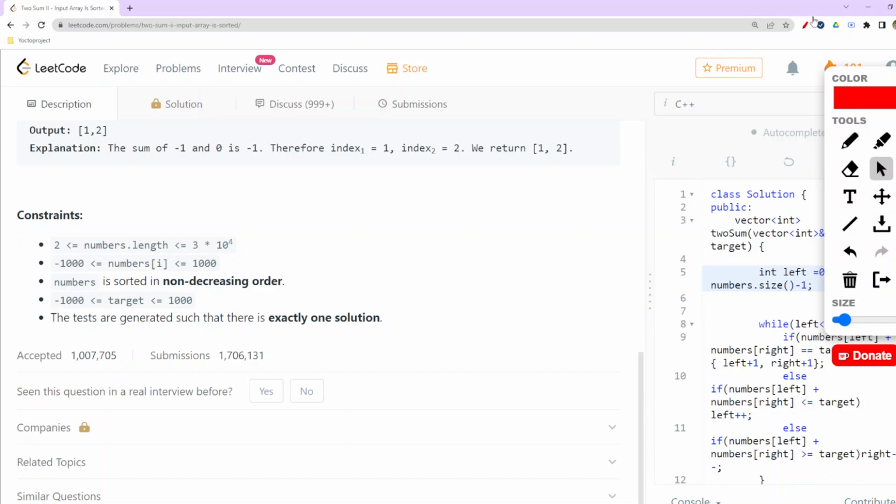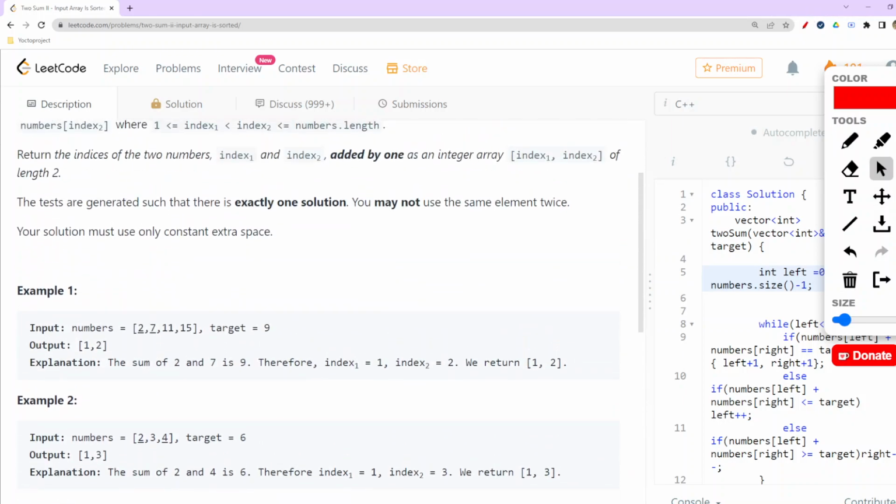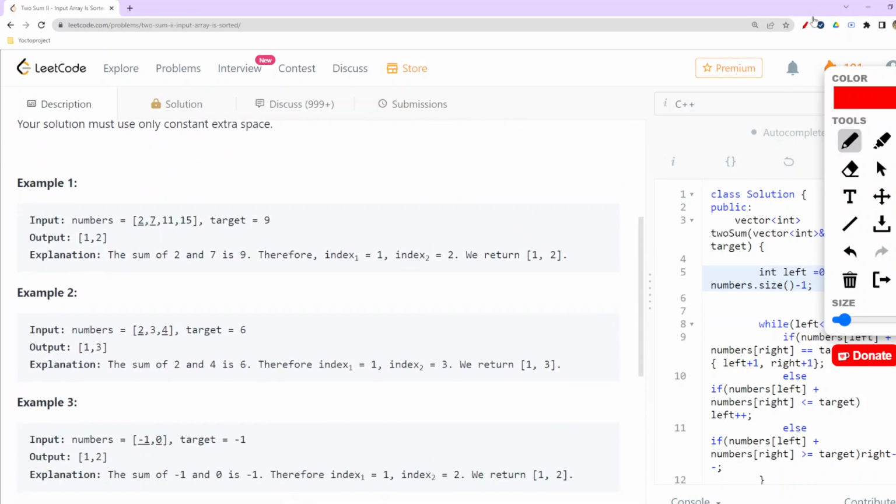So now comes the part of how we are required to do this particular question, right? The thing is, we are given a sorted array, so we can use this particular property of being sorted, right? For that, what we are required to do is, we can simply use a two pointer approach here rather than just using a linear search, meaning a linear one-directional search.